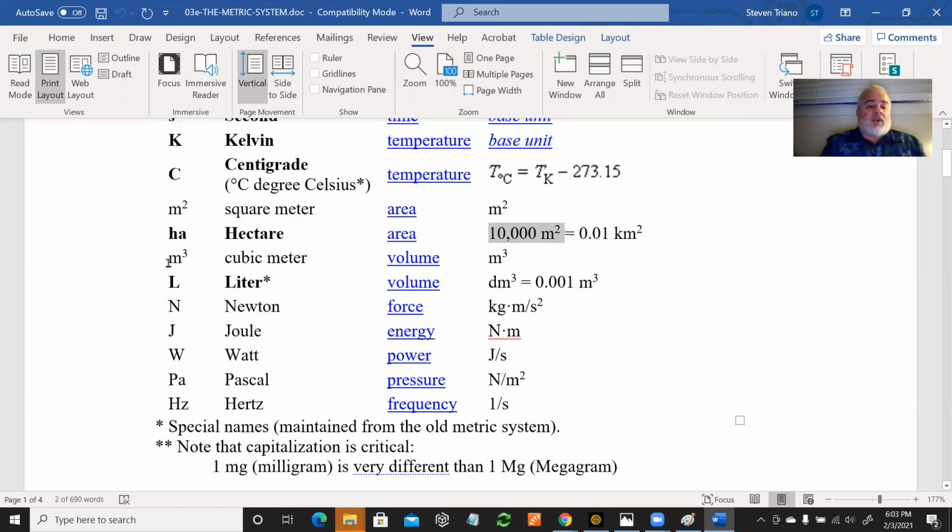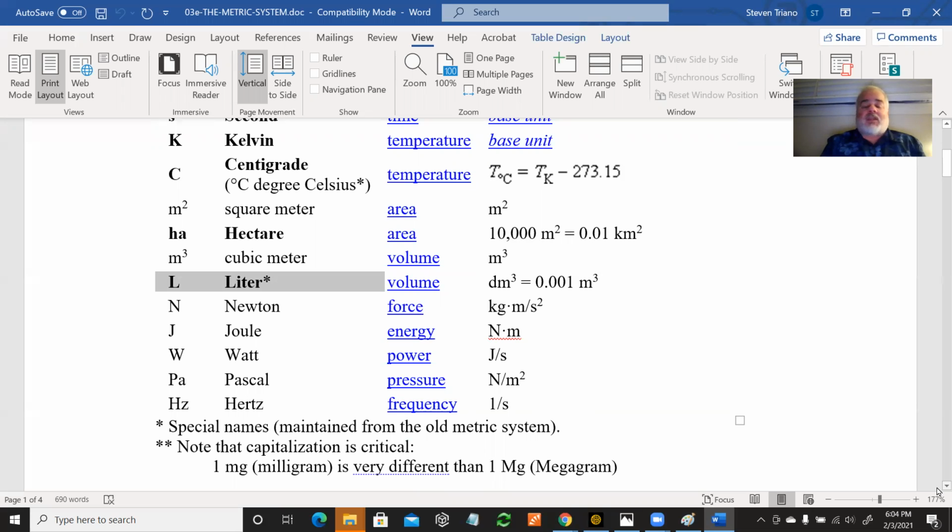Volume could be cubic meters. I didn't bold that one because we don't use that too much. We generally use liters. Now, cubic meters can come in handy for large volumes. So if you're talking about the airspace inside of a large warehouse, you're talking about HVAC systems and the movement of air in a large commercial building, they might talk about cubic meters of air movement.